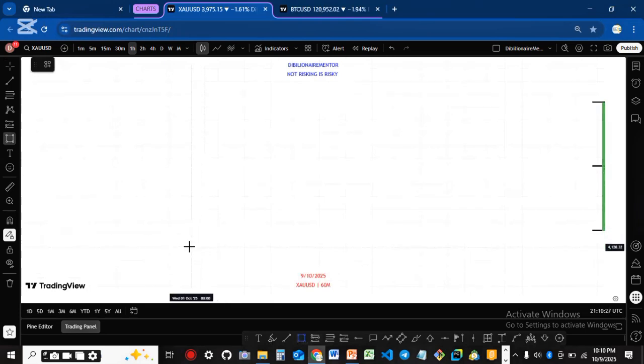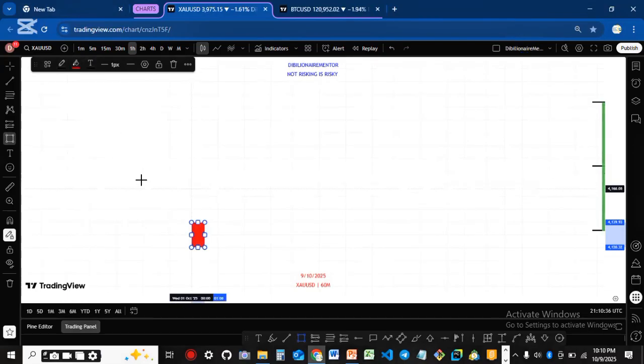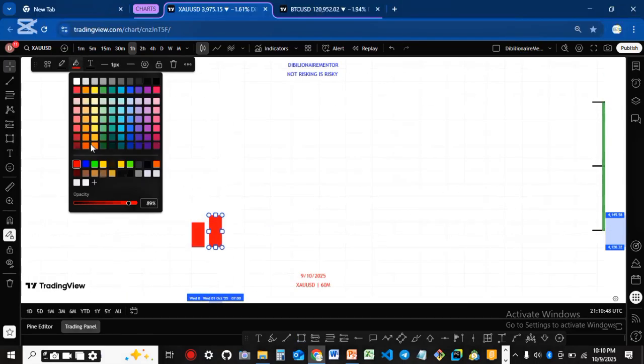For instance, we have this candle, this is our sell candle. Then we also have another candle that just came to engulf it or to surpass it.